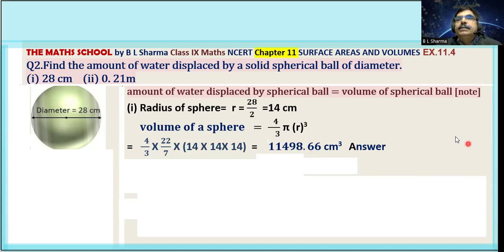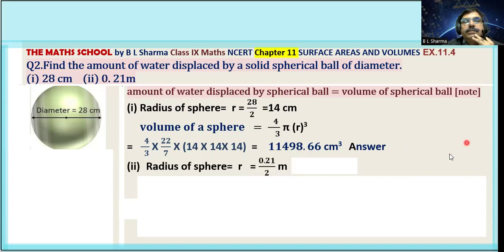For the second part, the diameter is given 0.21 meter. So radius is 0.21 meter upon 2, because the diameter is given 0.21 meter. Half of diameter is radius. So you can also write that is 0.105 meter.